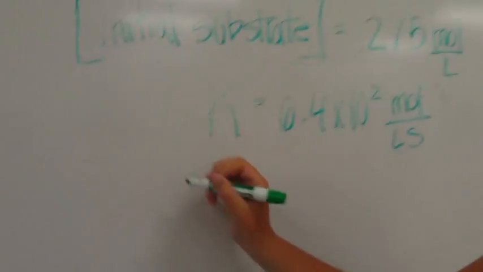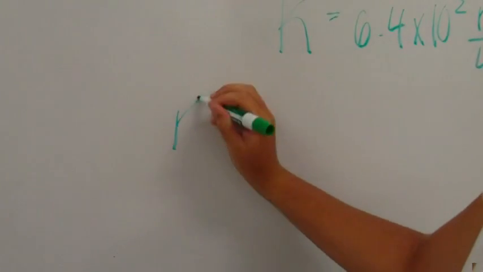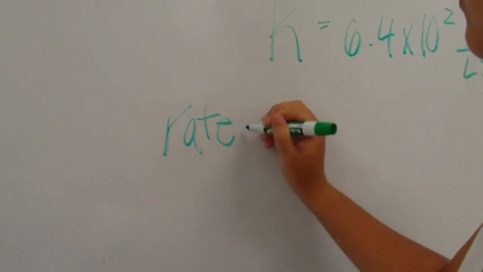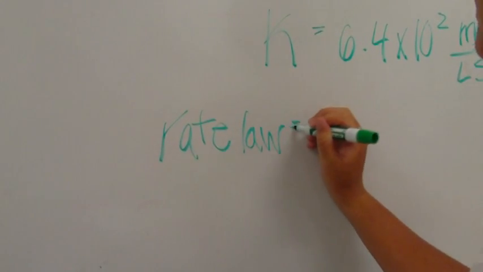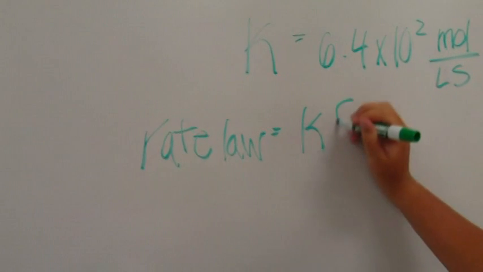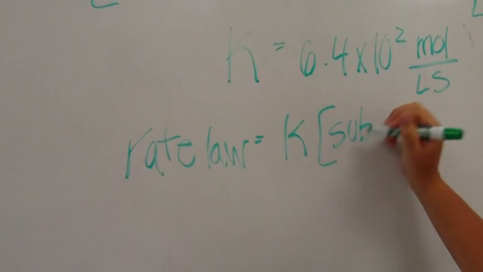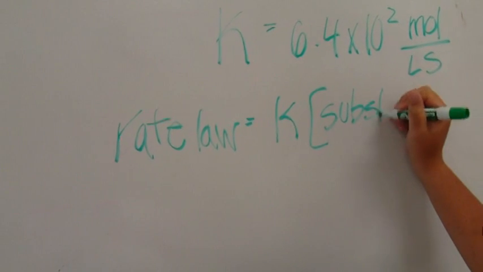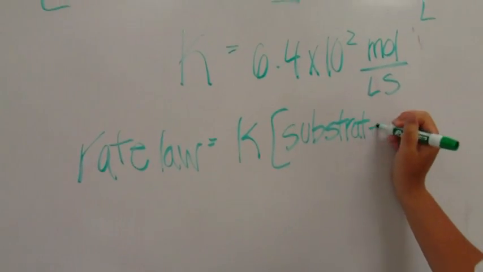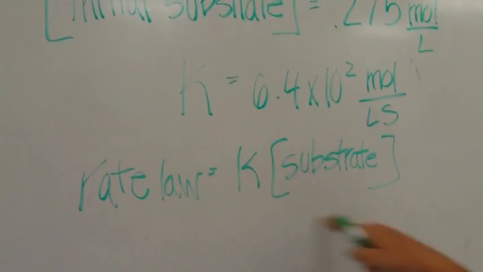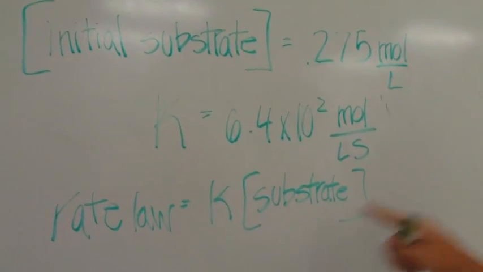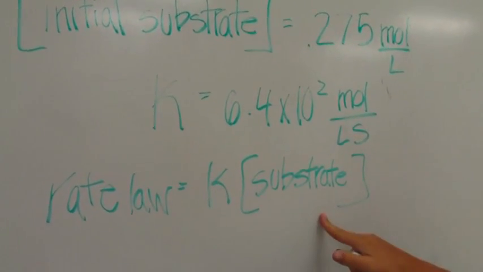And for any given equation, we know that the rate law is equal to K times the substrate concentration. So in this case, they tell us that it's a zero order.